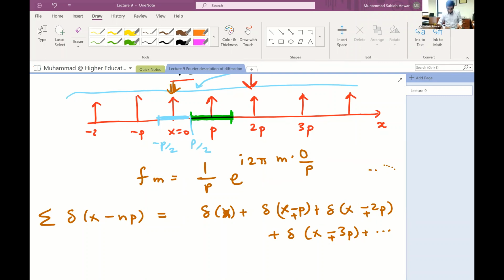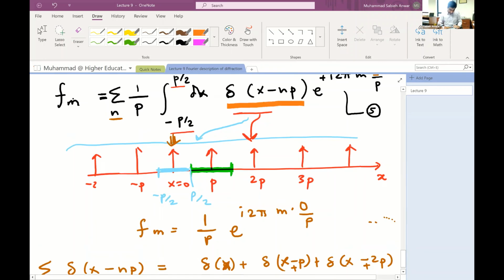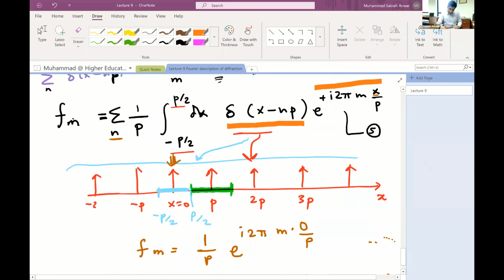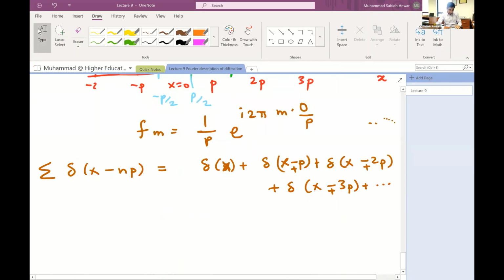So now if I use the sampling theorem here, I sample the exponential function at x equals 0 only because of the limits of the integration. And my final result, my final Fourier coefficient, is simply equal to 1 over p, because the exponent of 0 is 1.